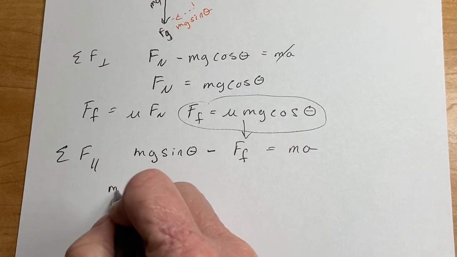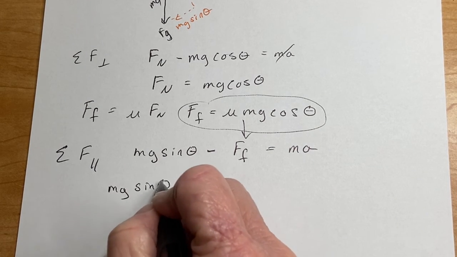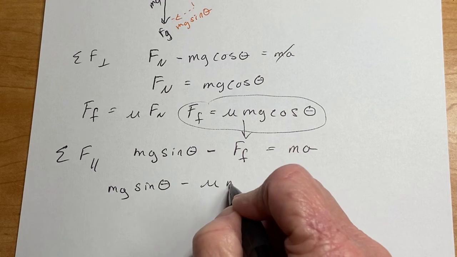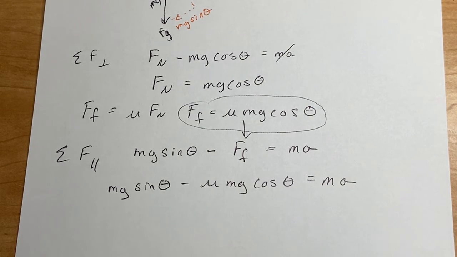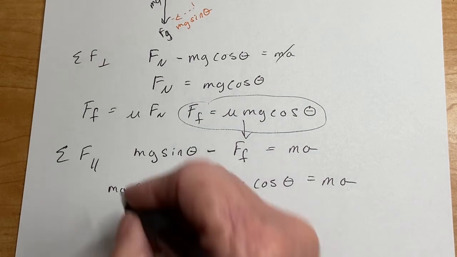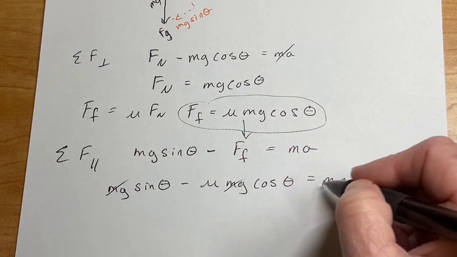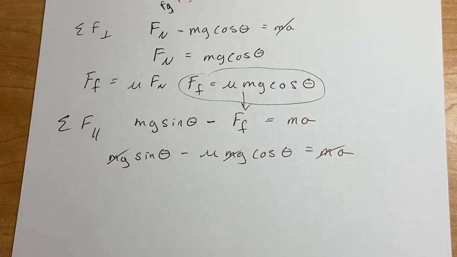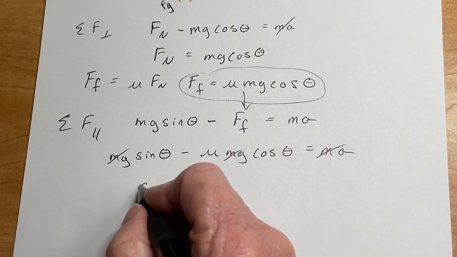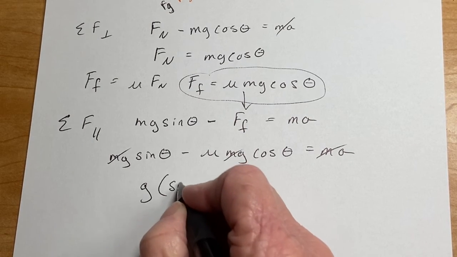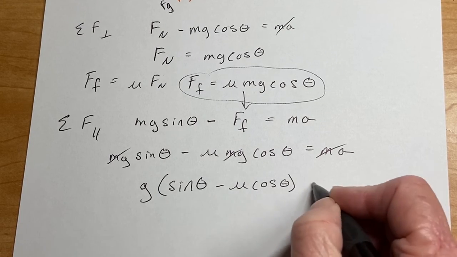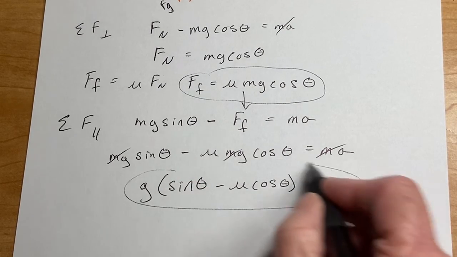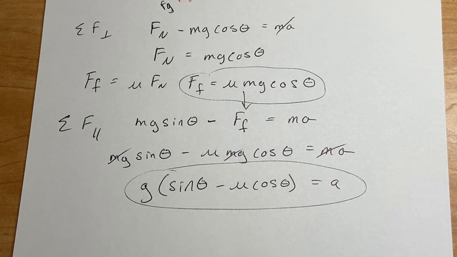So we get mg sine theta minus mu mg cosine theta equals ma. We're going to take out all the m's and bring the g out in front, and we're left with g times sine theta minus mu cosine theta equals a.